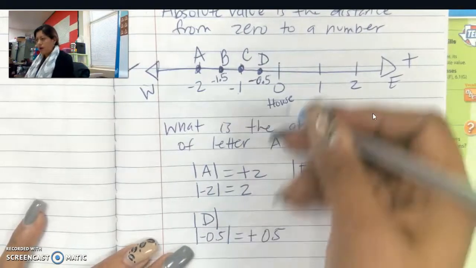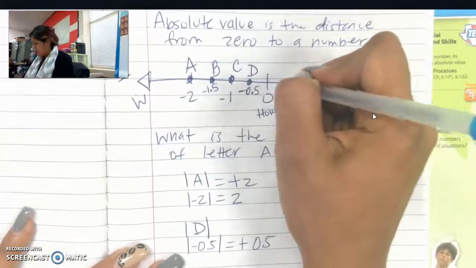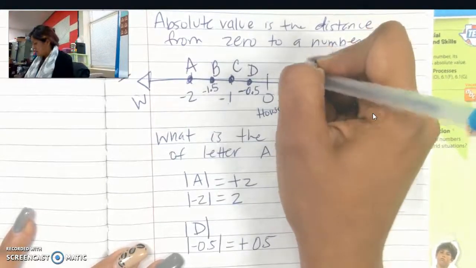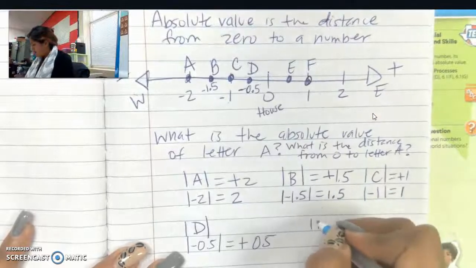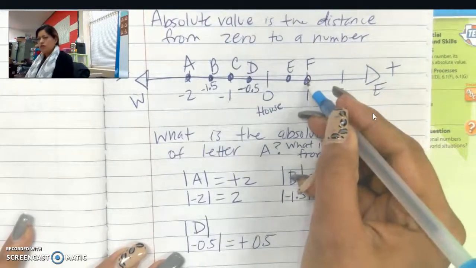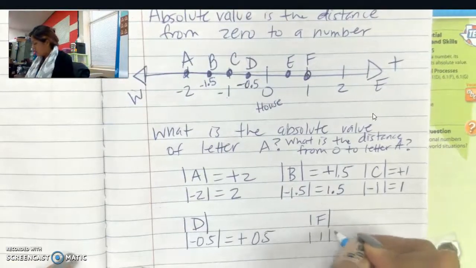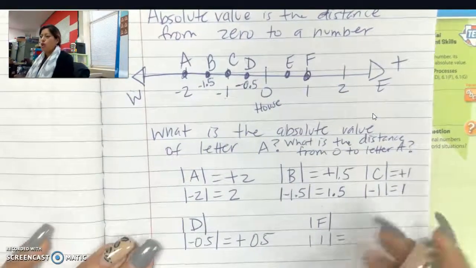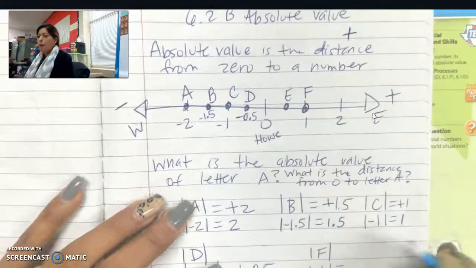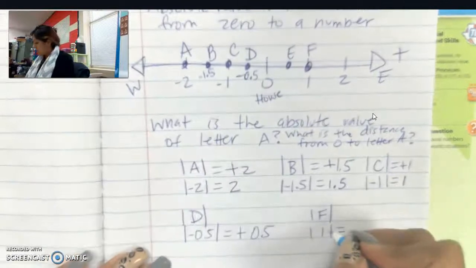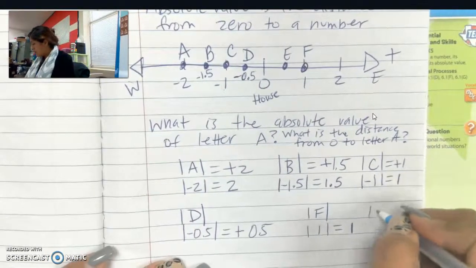There. All right, what about the numbers on this side? What about F? Do you see that? It's on the positive side. So what happens? Does it become negative? No, it doesn't, because remember, distance is always positive. So the answer is +1. Now you do E by yourself.